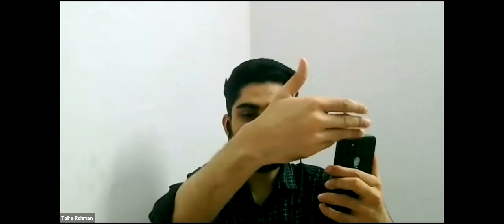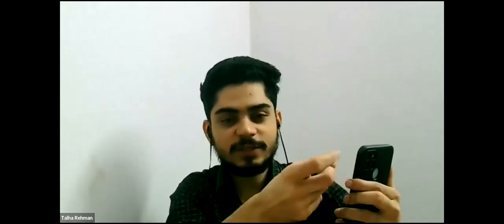Now how can the light come from this mobile phone? Here is one light. Due to reflection, light is striking this phone, and from this phone the light is entering my eye. So basically this phone is giving out the light.